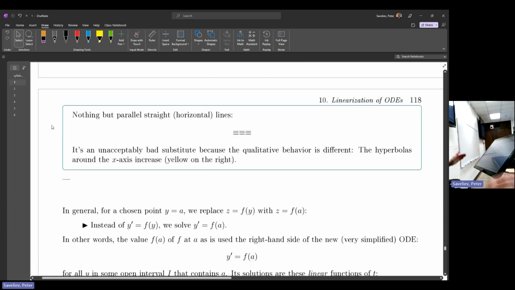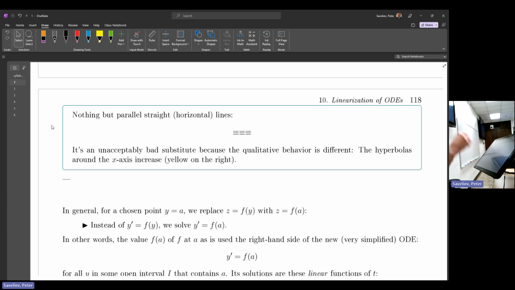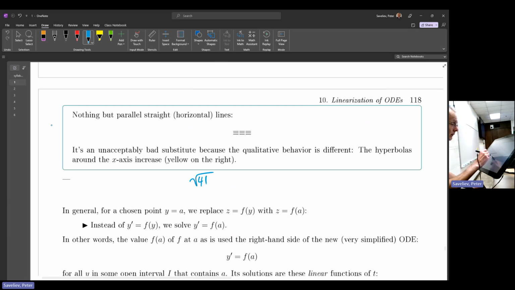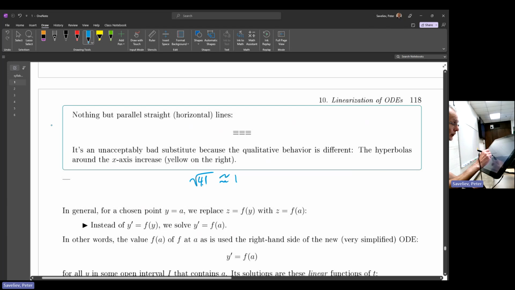So that's the problem, and that's why we have to do something else. Unfortunately, that's where we move on from constant approximation to linear approximation. As an example, which has nothing to do with ODEs, the square root of 4.1, say, is approximately equal to the square root of 4, which is 2.